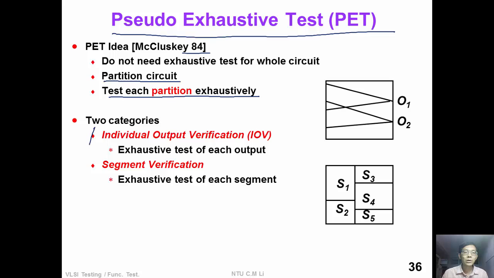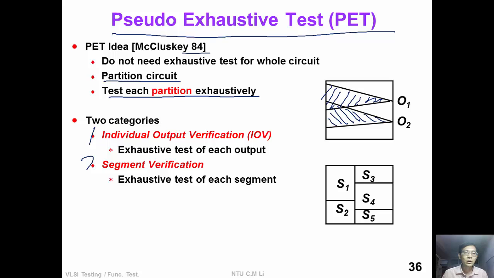In the first category, individual output verification, or IOV, we partition the circuit into logic cones. We just simply test each logic cone exhaustively. If we test all the logic cones, then we test the whole circuit.